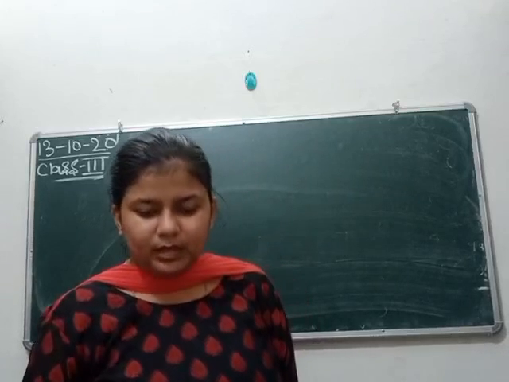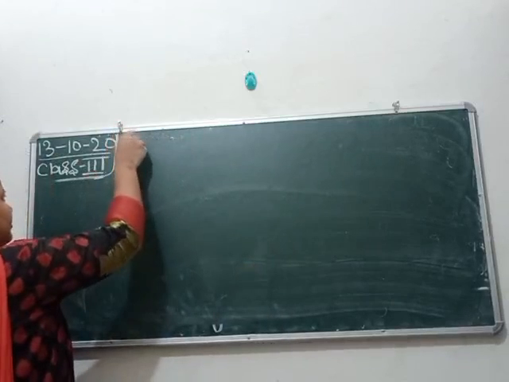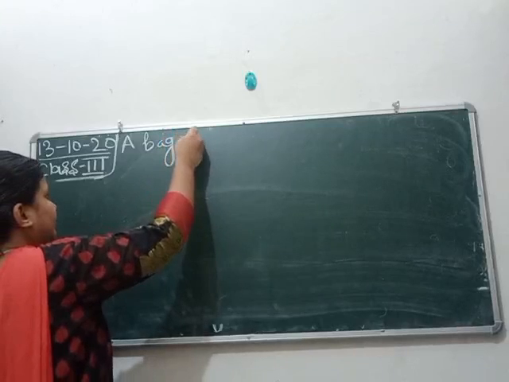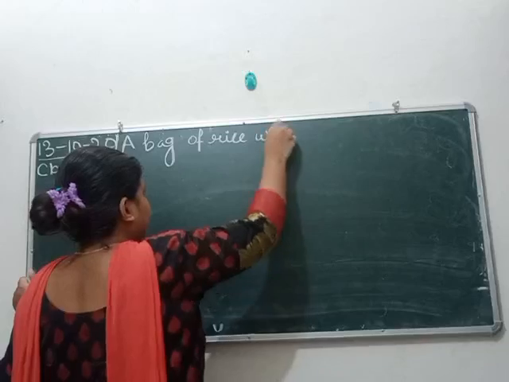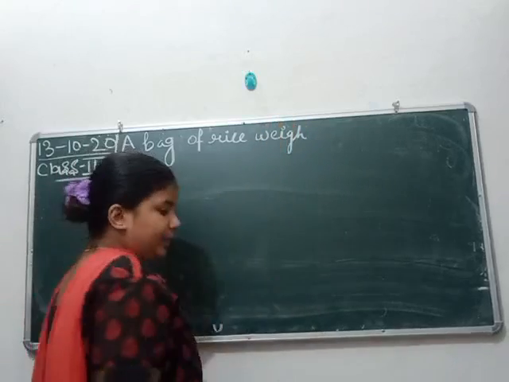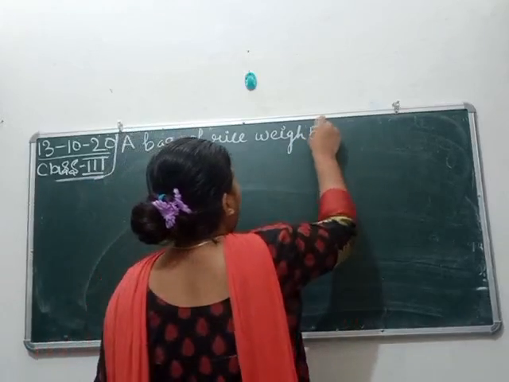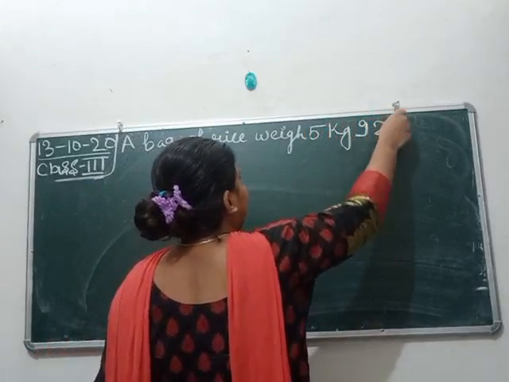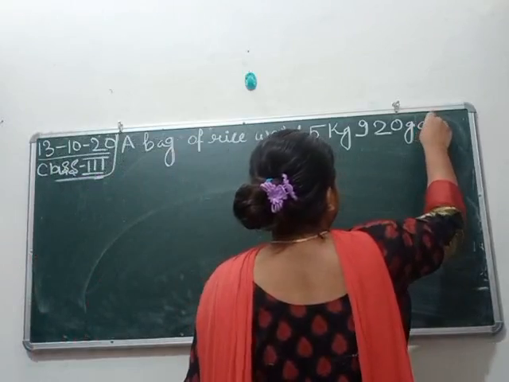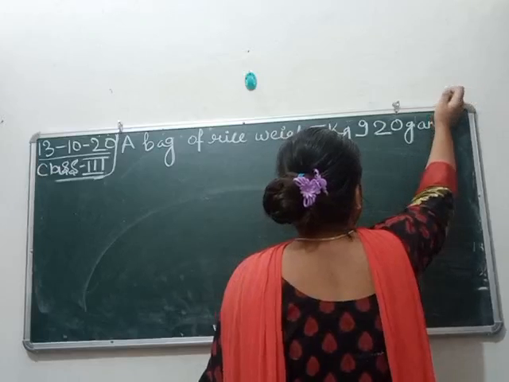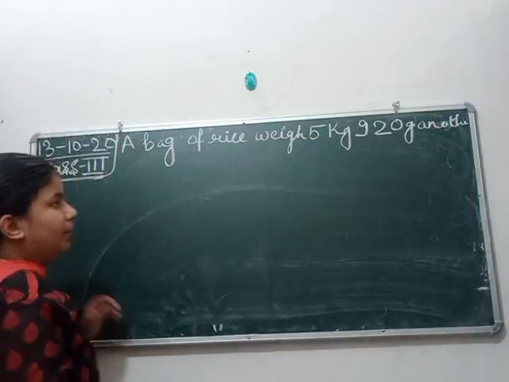Let's do it. A bag of rice weighs 5 kg 920 gram.